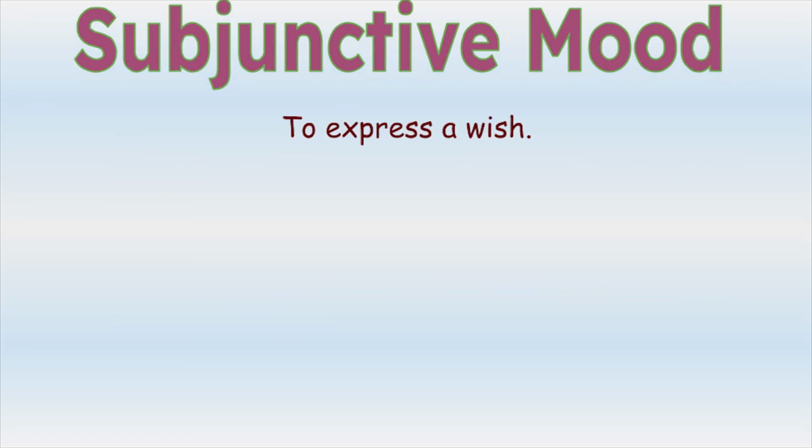The subjunctive mood is also used to express a wish. Let's look at these examples. I wish I were younger. In the regular form, I would be used with was, but since we are making a wish, the verb form is changed to were. I wish I were younger.